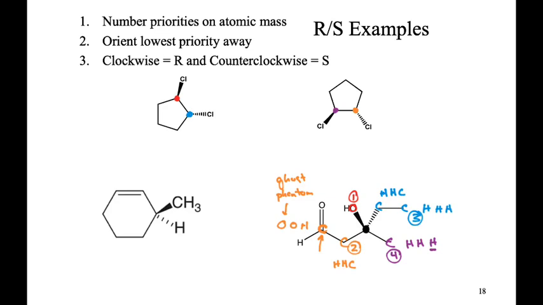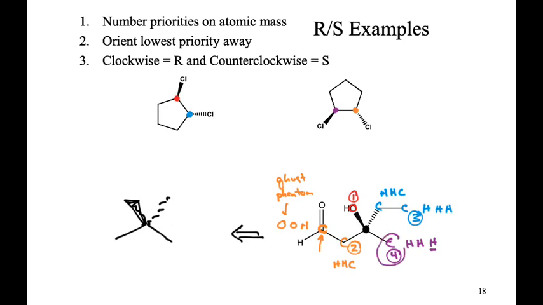So I will fully redraw this. In this redrawing, what I'm trying to do is a rotation. That lowest priority must be aimed dashed or away from us. So there's my 4th carbon.